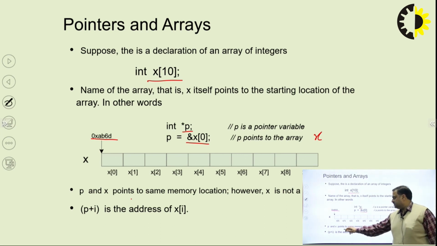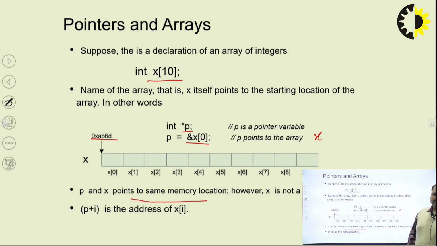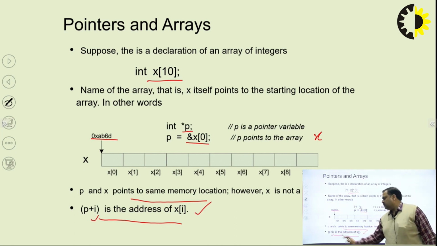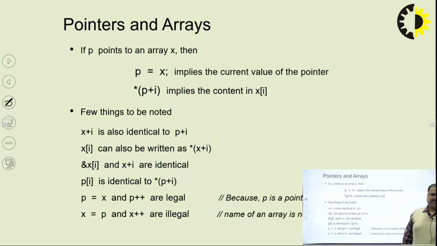So, p and x now point to the same memory location. x is the name of the array, and the name of an array always points to the base address. So, the base address is assigned to p. So, we can write p plus I is the same address as &x[I]. This is the subscripting method and this is the pointer method, which is faster than subscripting.